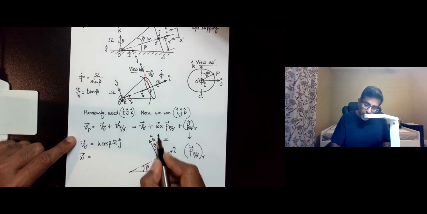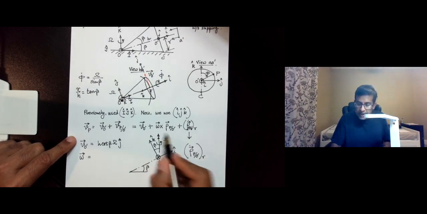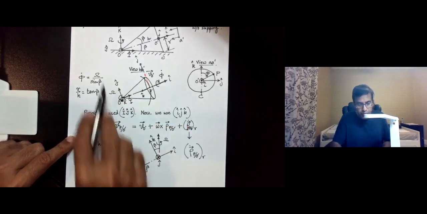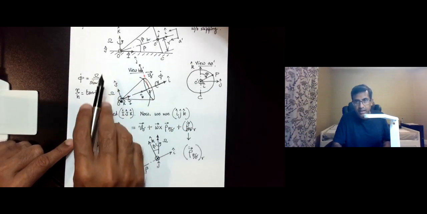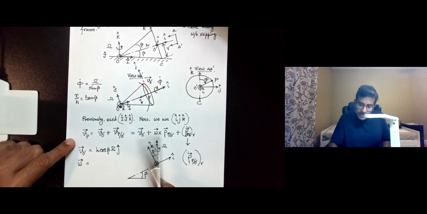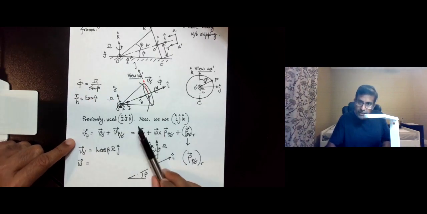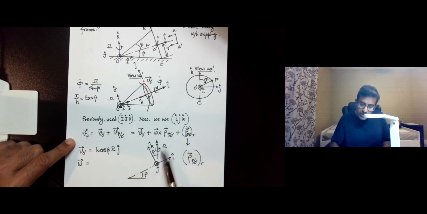So then my omega, I cannot write it as omega k anymore, because that k is the vertical direction k, which used to be my previous i, j and k unit vectors. My current i, j and k unit vectors are tilted from there. It is still rotating with the angular velocity omega, but it is tilted.